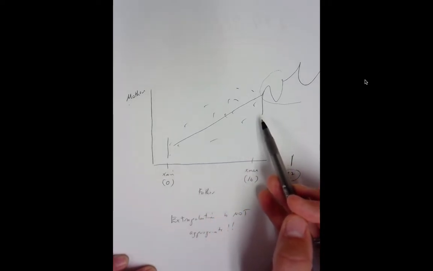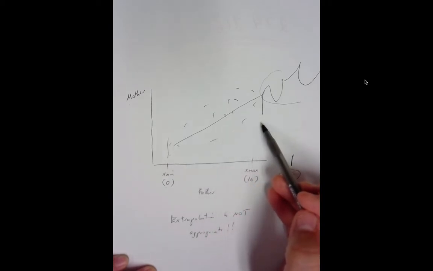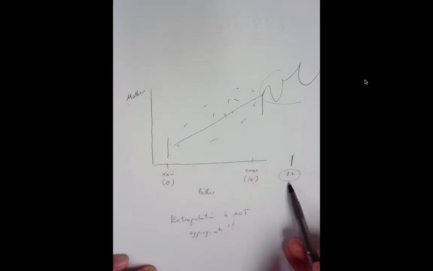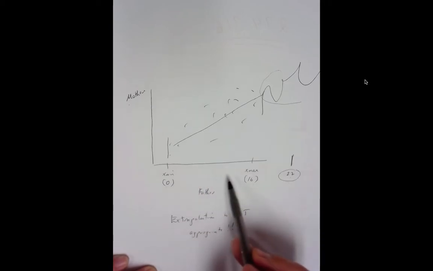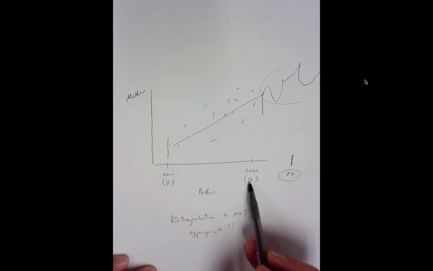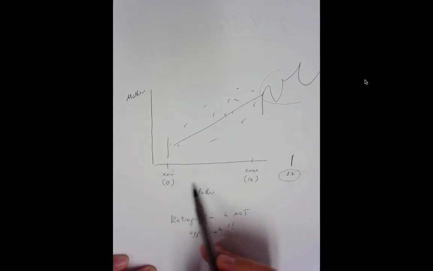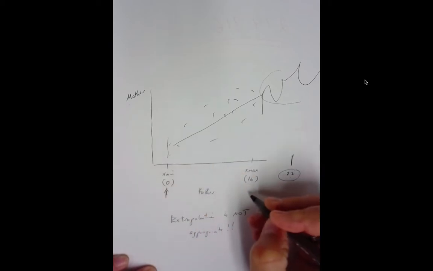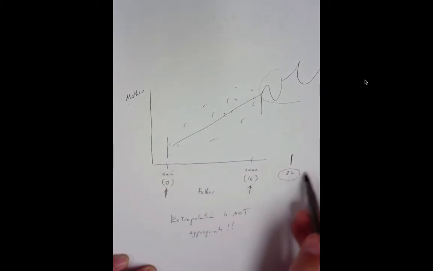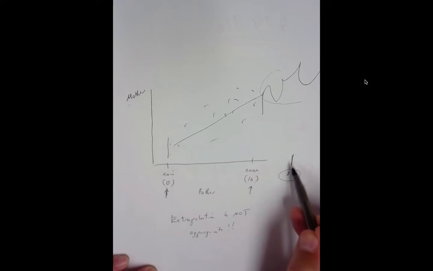It's just not appropriate. The model wasn't built for education levels of 22. The model was built on education levels from 0 to 16. So I can only use my model to predict values between the minimum value and the maximum value. And if I try to predict something outside that range, it's called extrapolation.